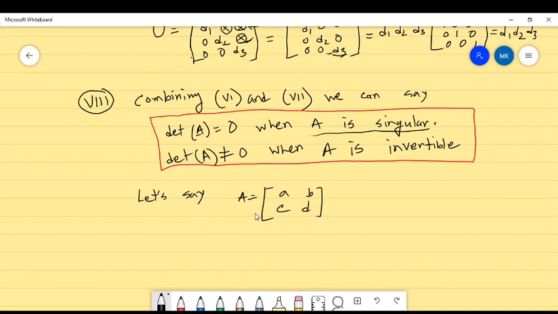If you try to perform elimination on this matrix, what will you get?